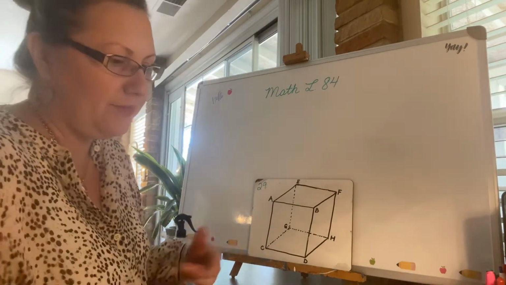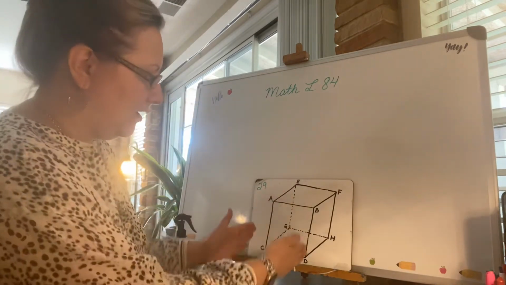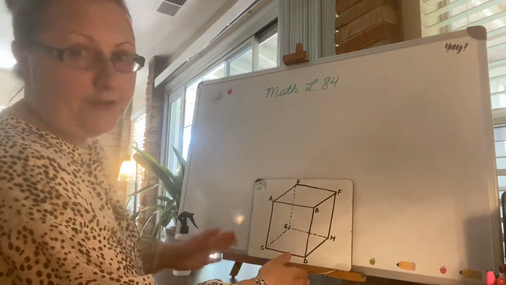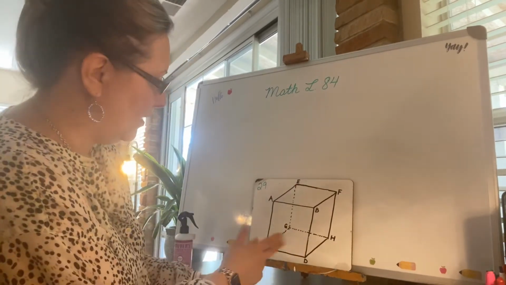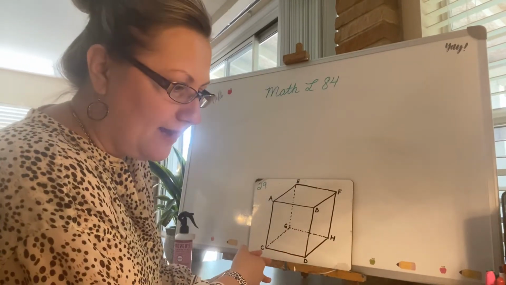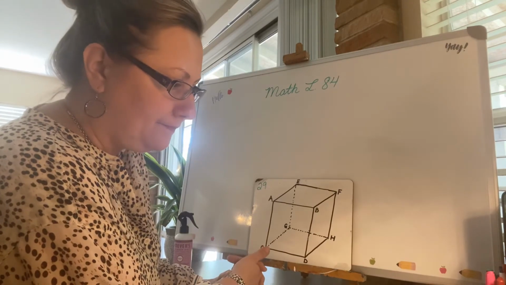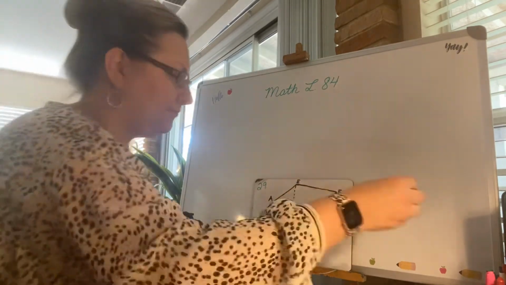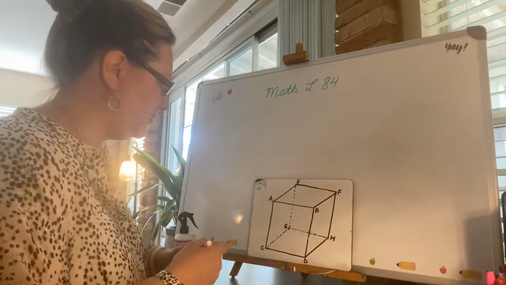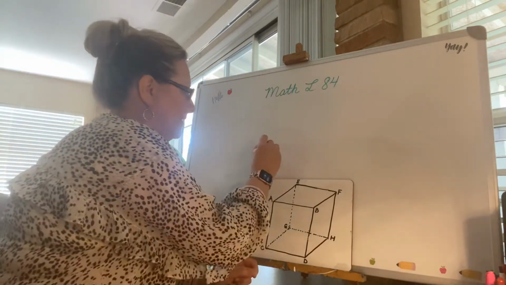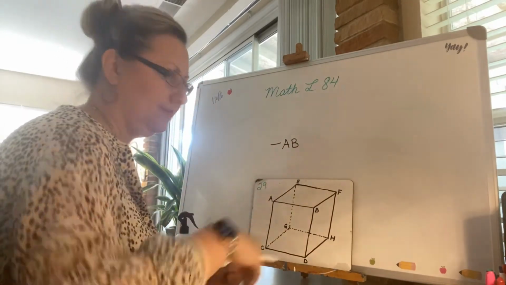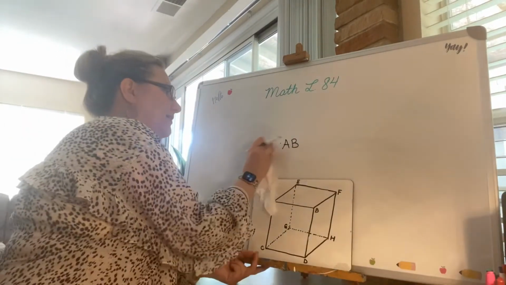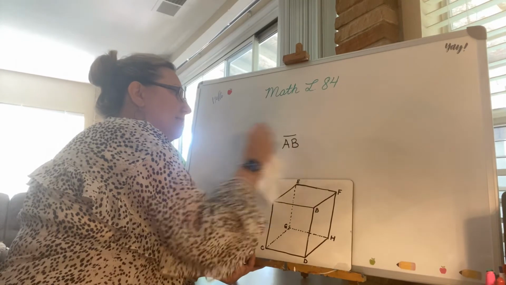Remember the parallel edges we know are two lines that never intersect. They're heading the same direction. So a parallel edge, you could say, would be segment AB. Oh, did that wrong. Hold on. We draw segment this way.